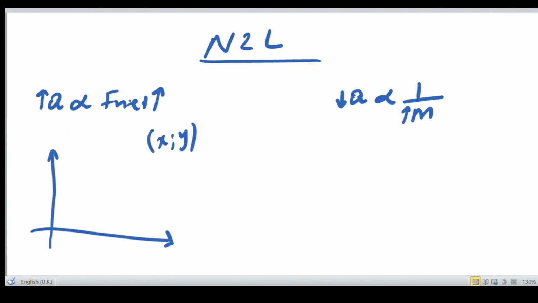Therefore, this one is an independent variable, and acceleration is a dependent variable. Net force is x, acceleration is y. So I have F net here, and I have acceleration. When the net force increases, acceleration increases. This is the graph. Then you're done.